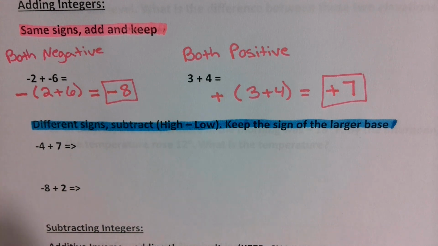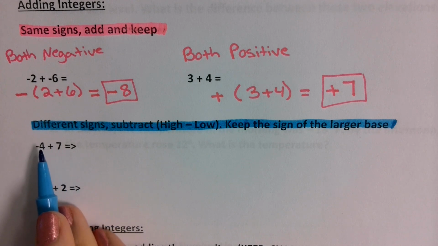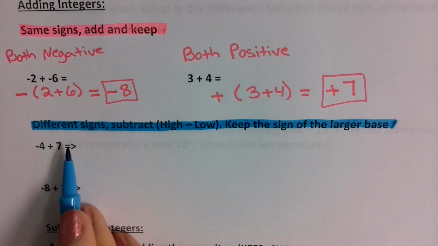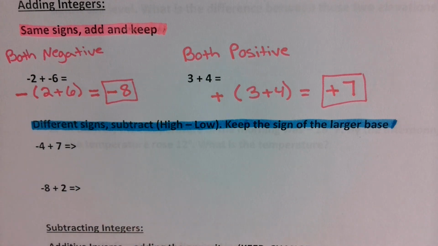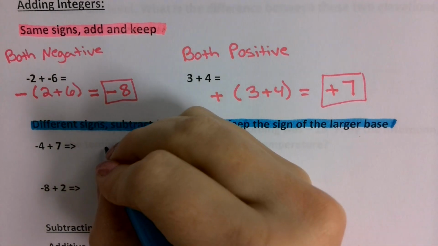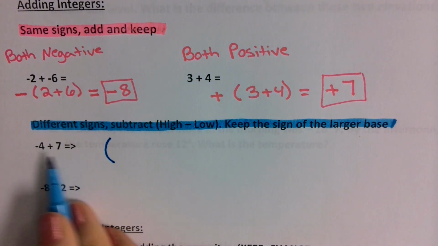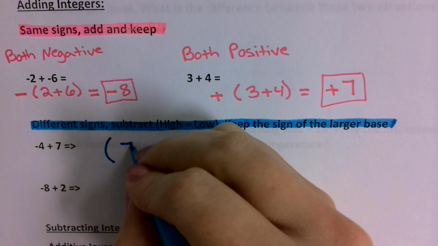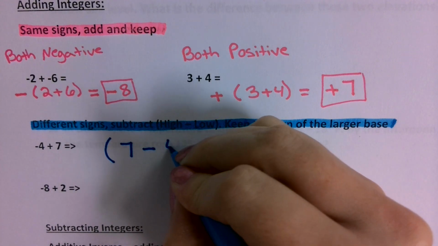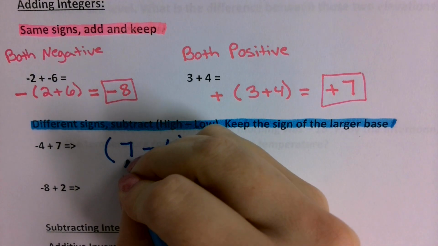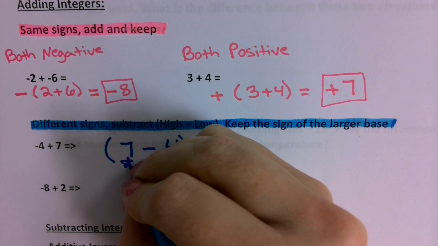Okay? So in a situation like this, -4 plus a positive 7, those are different signs. So we're going to subtract like normal. We're going to take the higher base. Which one of those is a higher base? 4 or 7? 7. And then we're going to subtract the lower base, which is the 4. Now, 7 being the higher base, I'm going to go ahead and put a star by it.